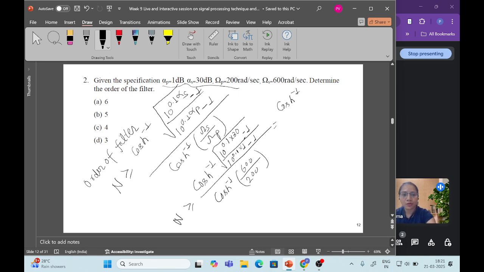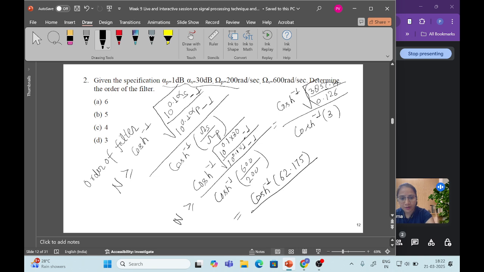So if you calculate it, on the upper side you will get 3857.14, and on the lower side you will get 0.126, divided by cosh inverse of 3. Further solving, you get cosh inverse of 62.175 divided by cosh inverse of 3.